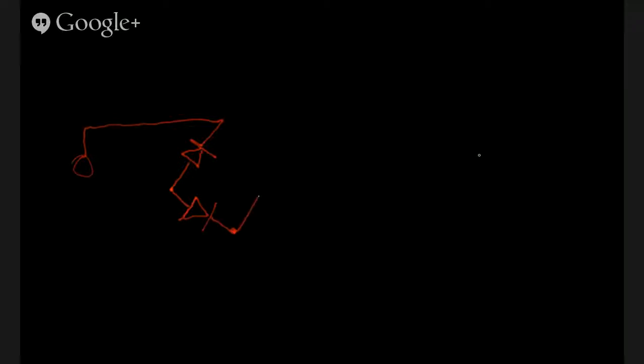We're going to have a diode this way, and a diode this way. So ideally, no matter which way the current is going, we'll end up with a negative potential here and a positive potential here.